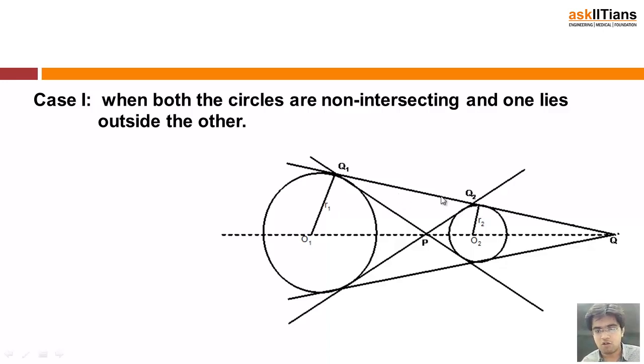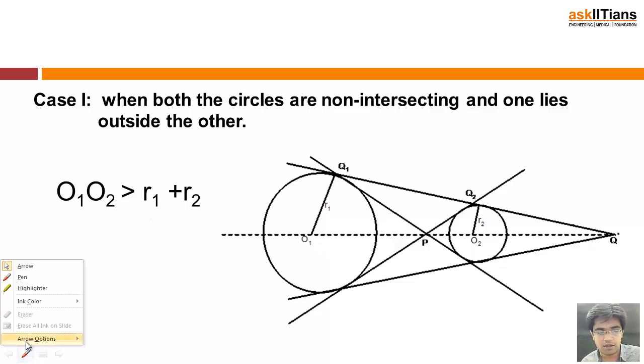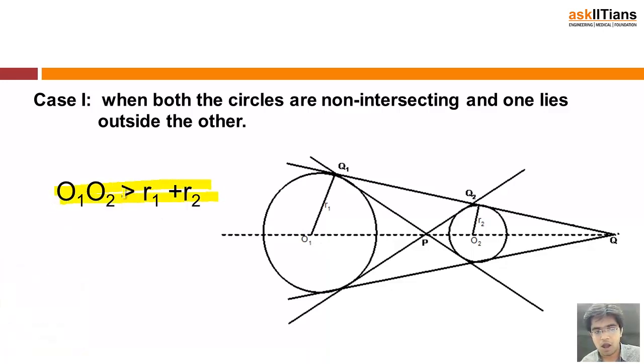So here, as I have already told you, these two tangents are direct common tangents and these two tangents are transverse common tangents. Now the condition for both the circles to be non-intersecting and lying outside is that the distance between their centers has to be greater than R1 plus R2.